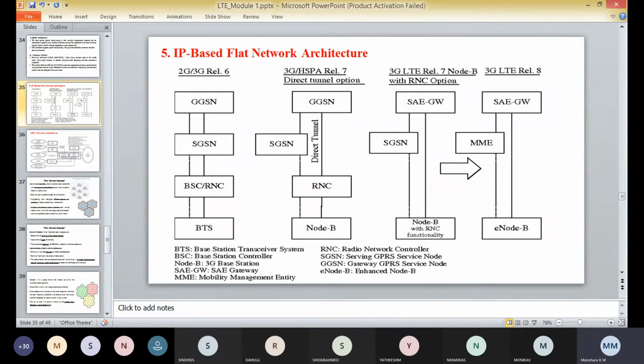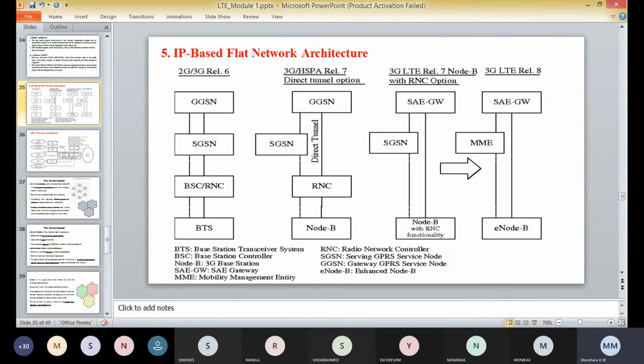The first one is the base station or Node B, then the radio network controller, that is RNC, then the serving GPRS support node, that is SGSN, and the last one is the gateway GPRS support node, GGSN.